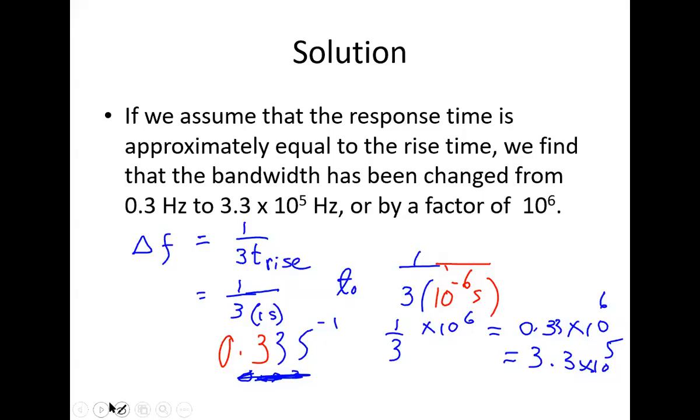So what does that mean? Per second is a frequency. And remember, in the thermal noise, it is a frequency bandwidth, right? So the bandwidth has been changed by a million. So delta F is a million. Does that make sense?